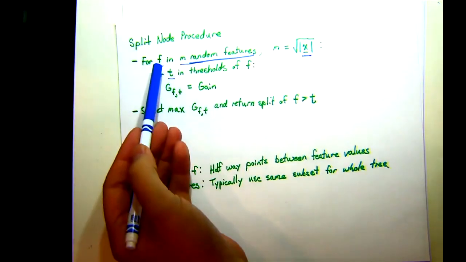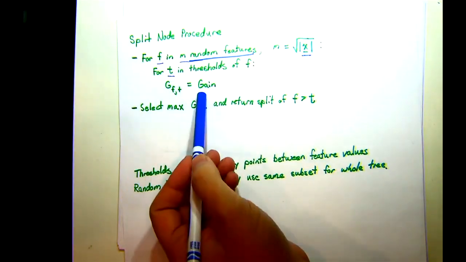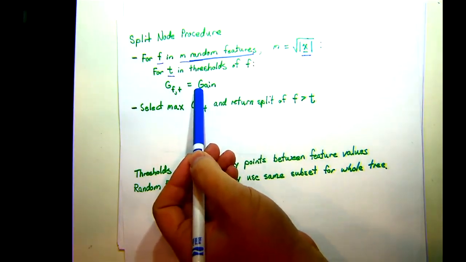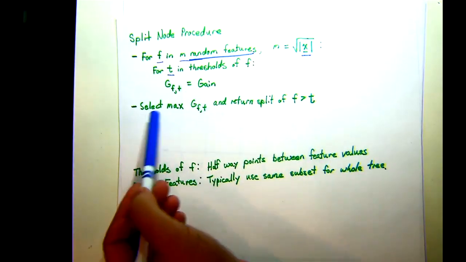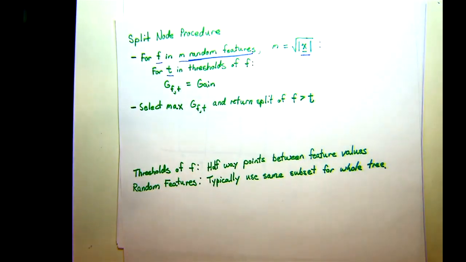So for each of the features, for each of the possible thresholds, we'll calculate the gain. Then we're just going to select the maximum gain. Now, if none of those gains are positive, if they're all negative, that means none of the splits were better than just leaving the cell as is. We would just leave the cell as is.